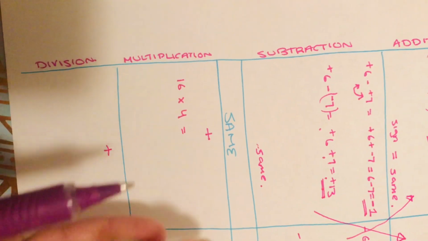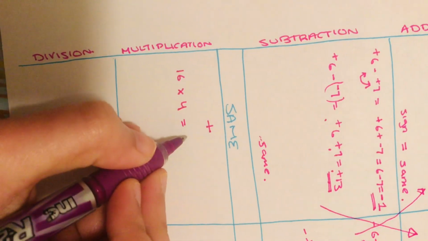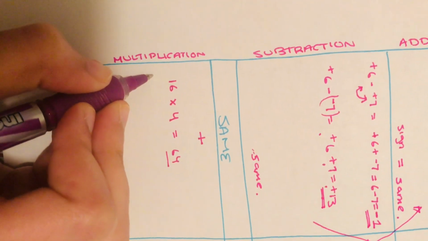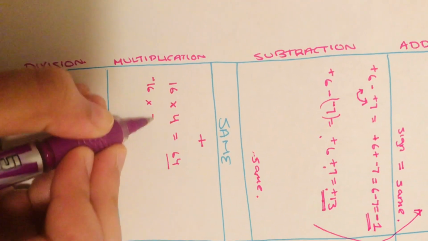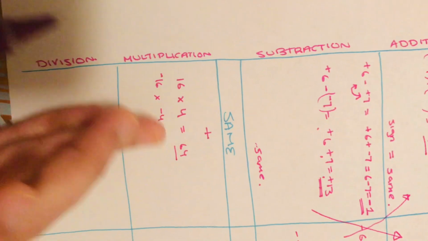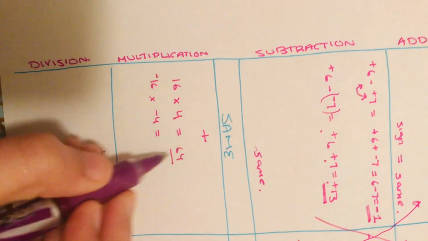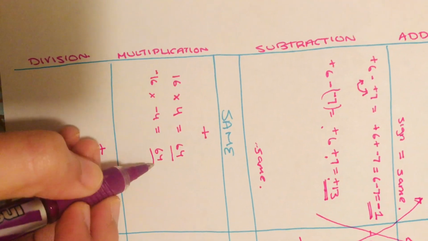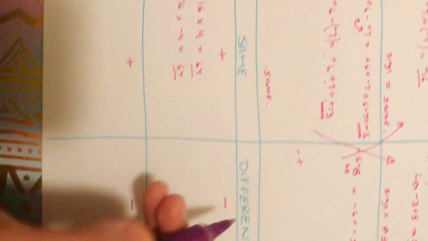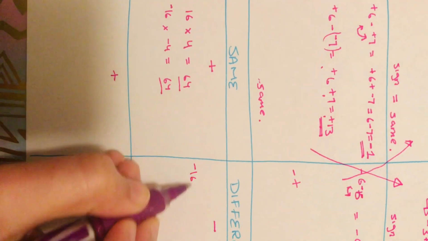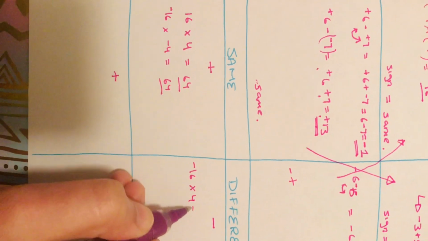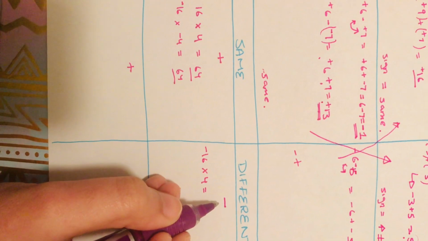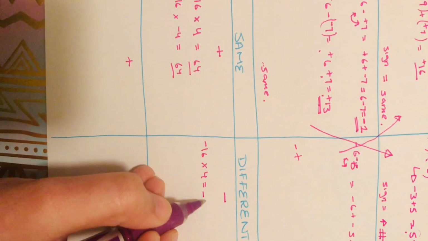Since both are the same sign, you're going to get positive 64. Let's look at negative 16 times negative 4. The signs are the same, the answer will be positive, so negative 16 times negative 4 will still be positive 64. But if you had negative 16 times positive 4, because there are different signs, negative and positive, the resulting sign will be negative, so you get negative 64.